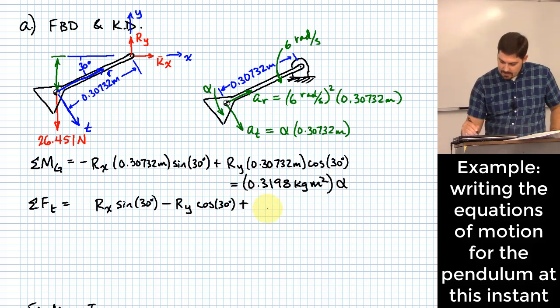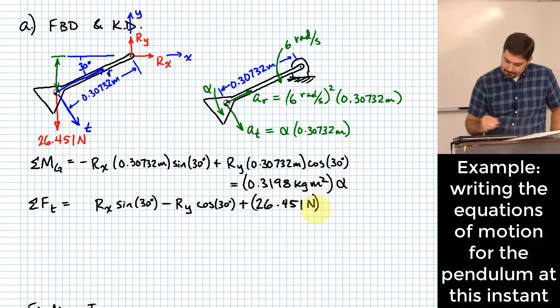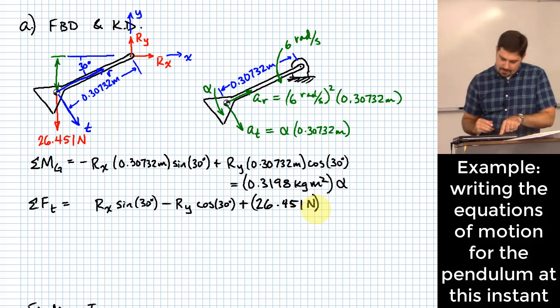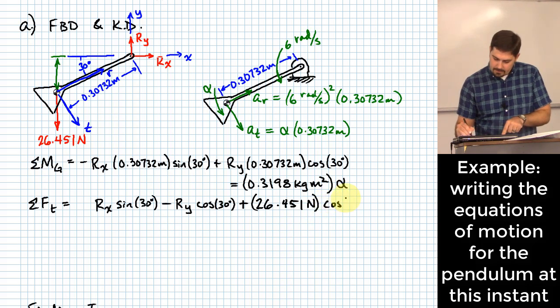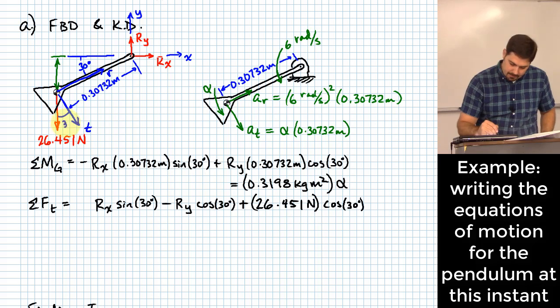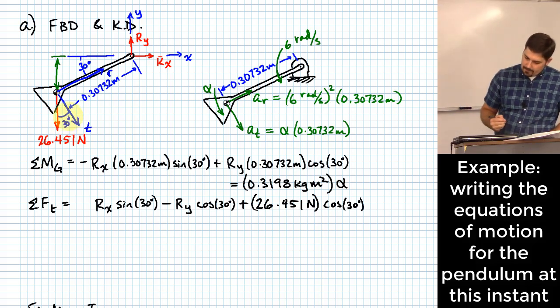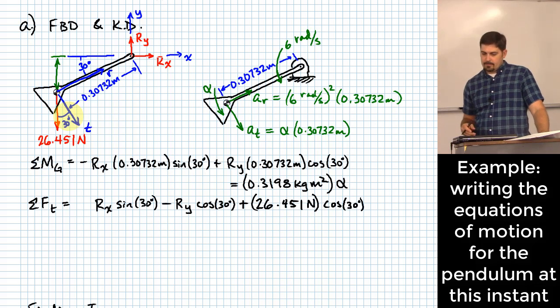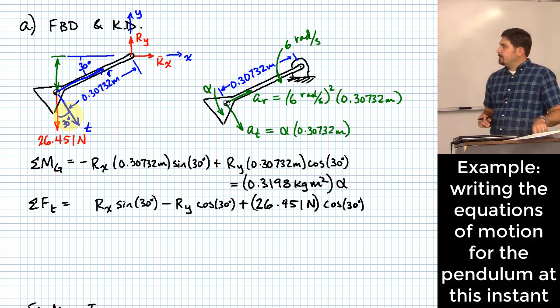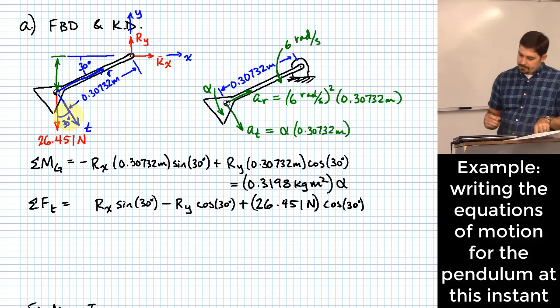So I would add 26.451 newtons, and I would multiply that by the cosine of 30 degrees, because this will be 30 degrees right here.